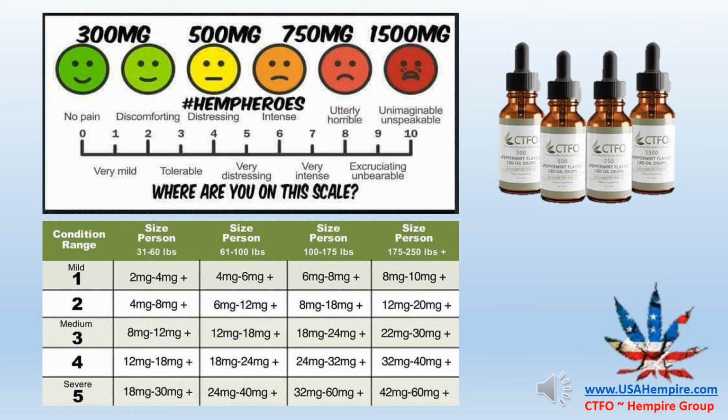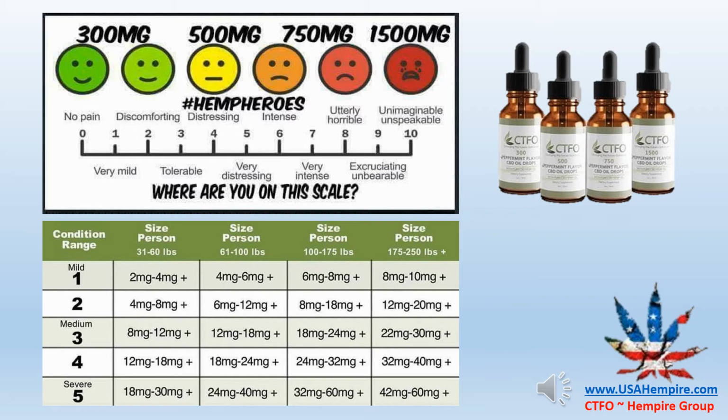So what this bottom chart is showing us is, considering the condition ranges from 1 through 5, we'll just simply pretend 0, 1, 2 is level 1, 3, 4 is level 2, 5, 6 is level 3, and so on, right? And then across the top, it suggests a size of person. I'm going to use myself as an example. Let's say I am in the third range, somewhere around distressing, very distressing in a certain pain point.